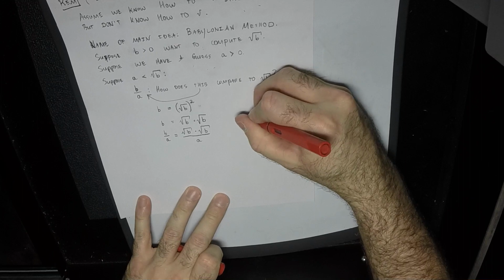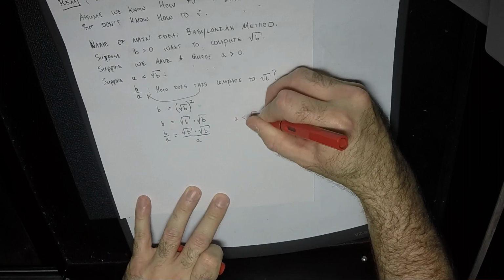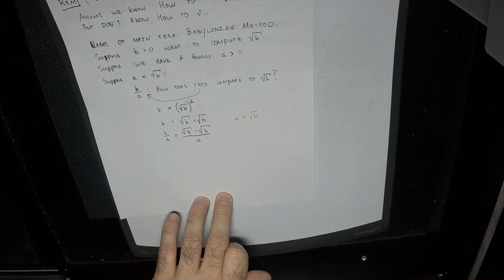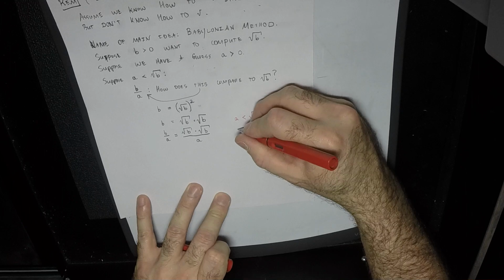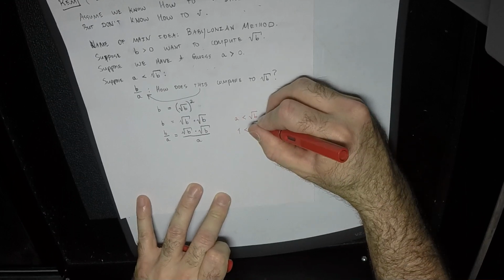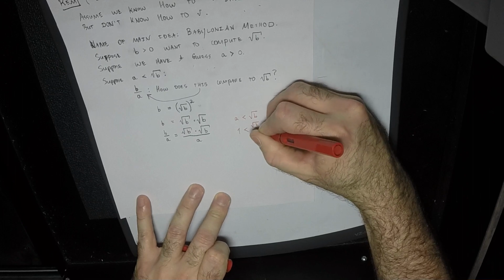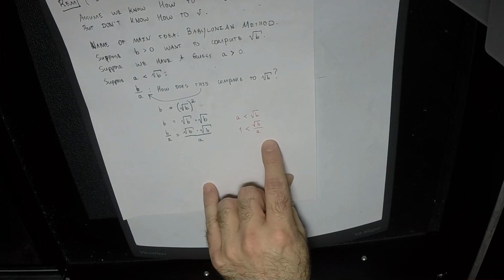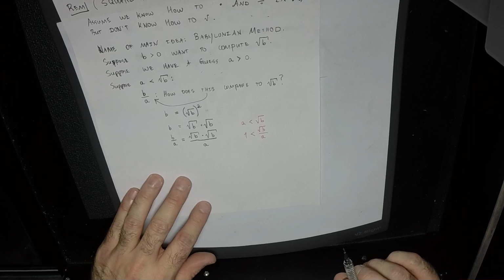As an intermediate step, we could say because A is less than the square root of B, if we take this inequality and divide both sides by A, then we would have that 1 is less than square root of B over A. So square root of B over A is more than 1. As a result, what can we say?